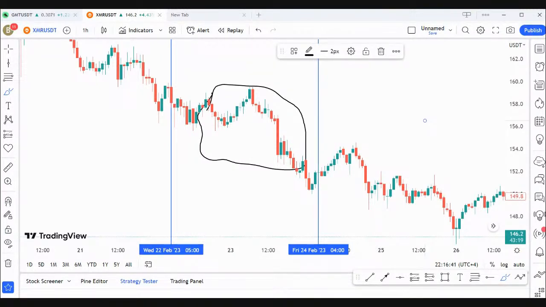Note one thing, that imbalance is, so that fair value gap is a long candlestick, okay? It is a candlestick formation which indicated that there was a huge sell or a huge buy. So when you see a long candlestick that has a huge sell or a huge buy, that candlestick used to be big.